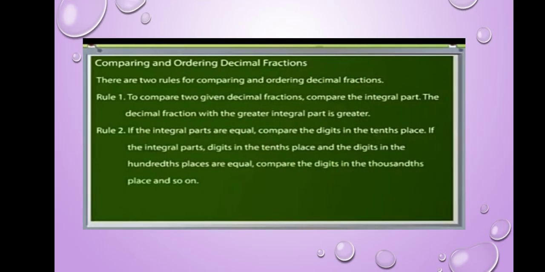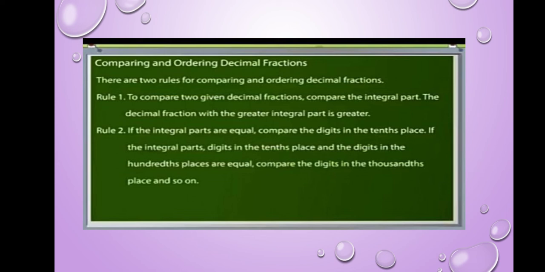Comparing and ordering decimal fractions. There are two rules for comparing and ordering decimal fractions. Rule number 1: to compare two given decimal fractions, compare the integral part, or the whole number part, first.